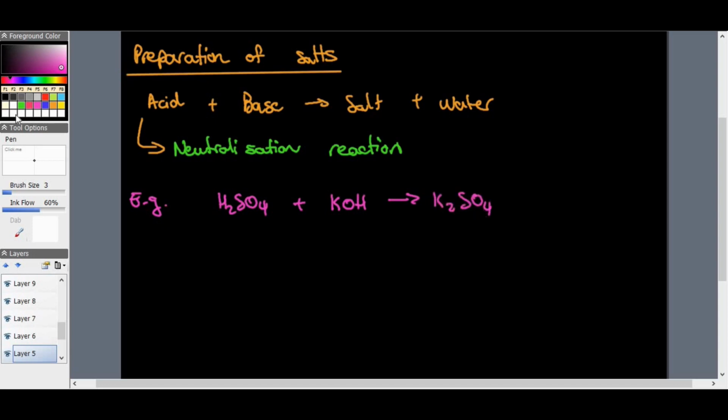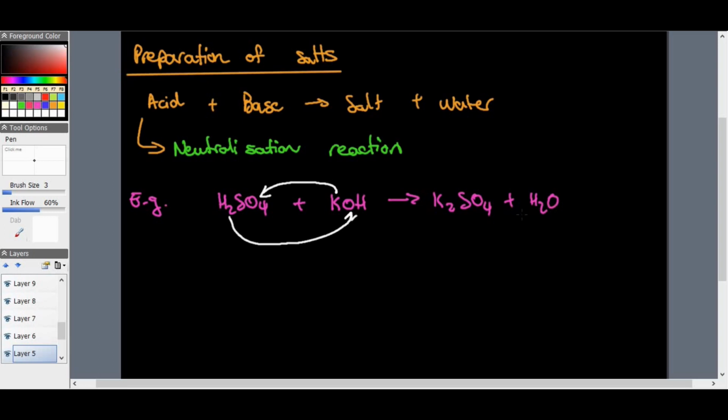So what happens is, if I can do the switch, potassium has to come over here. In order for that to be so, it needs to double itself, and then of course a hydrogen is going to go over here. So we're going to end up with K2SO4 plus H2O.